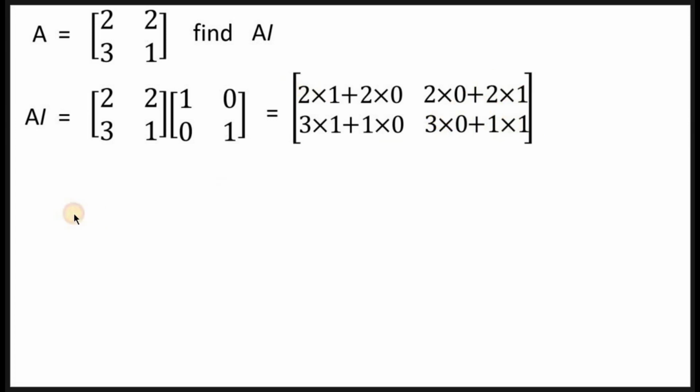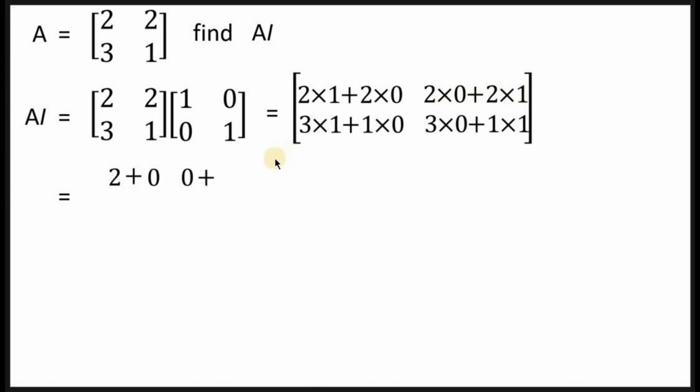Then you say equals. Now what you are going to have is, we go step by step. So 2 times 1, 2. Then you get your plus, you put here. Then 2 times 0, 0. Then you get this one, 2 times 0 here. Okay, you have shifted to this. 2 times 0, it is 0. Then plus, you put here.